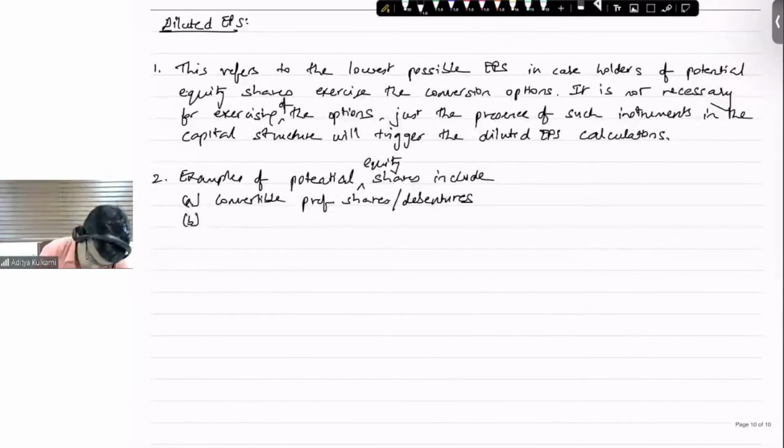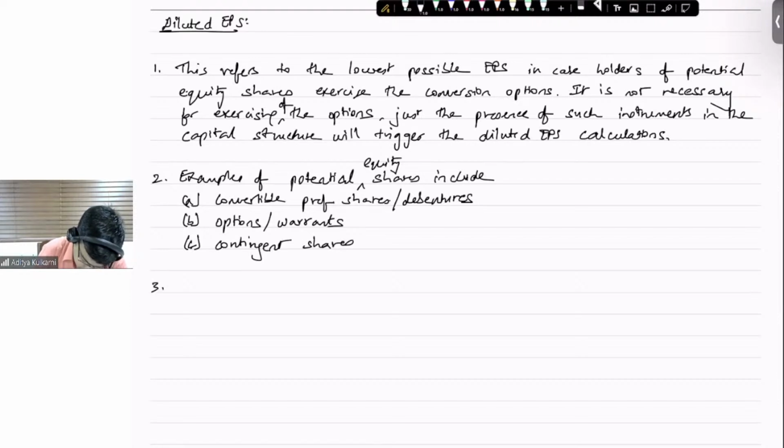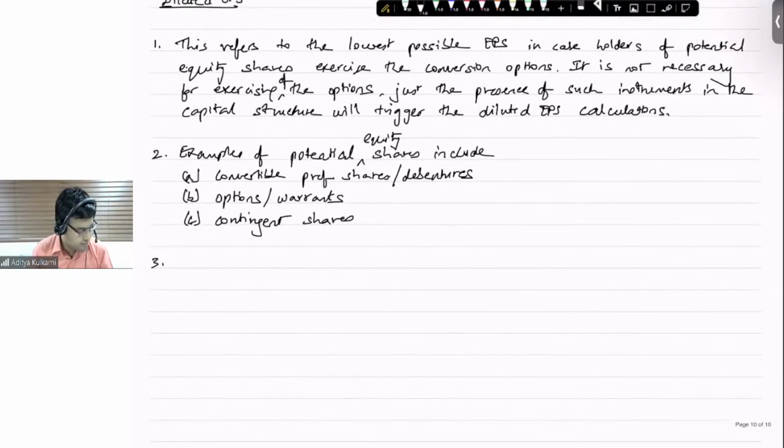B. Options, warrants. C. Contingent shares. We'll have a look at options and contingent shares later in the next class, maybe. Options, I'll try to finish it now, but contingent shares will move to the next session. Okay.